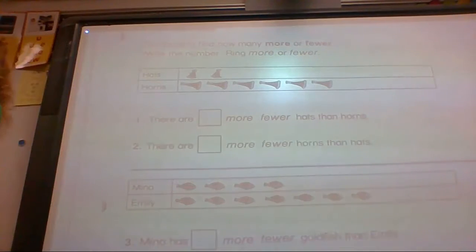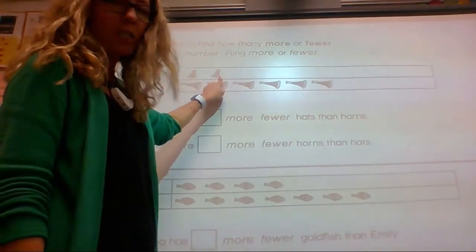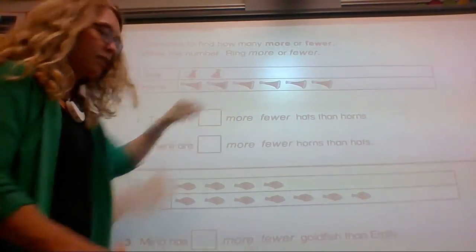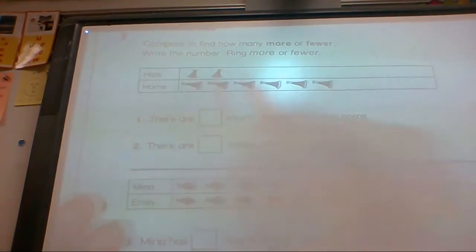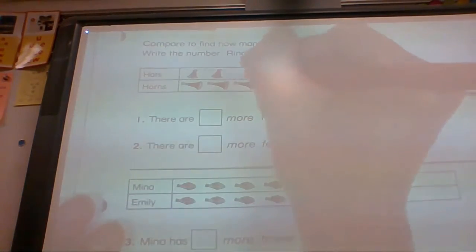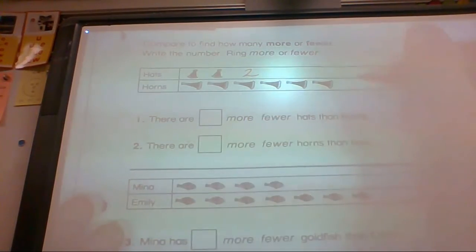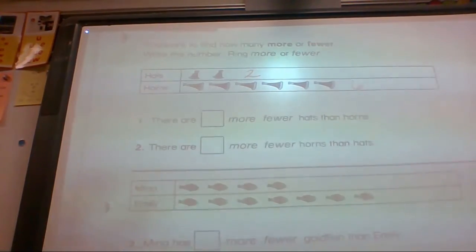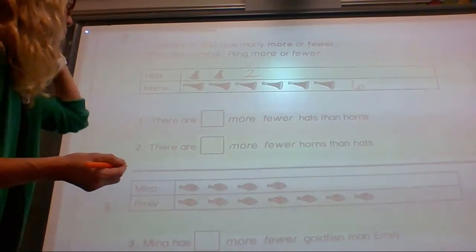So what I like to do, get my pen, is I like to count the pictures and put the number next to it. So let's start with that. So we already decided there were two hats and 1, 2, 3, 4, 5, 6 horns. Okay, now I have my numbers right there so I can answer my questions.